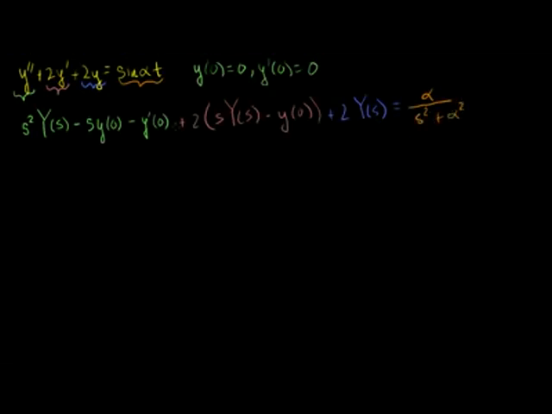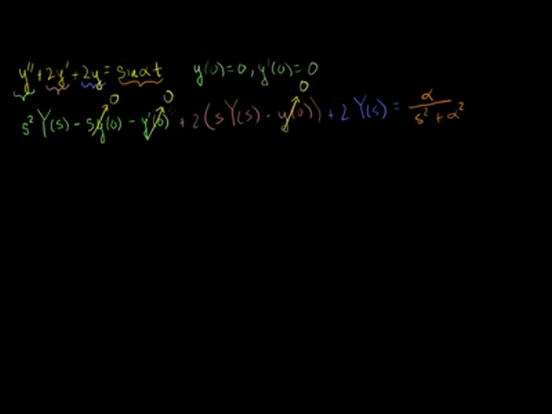Now the next thing we want to do is separate out the Laplace transform of y terms, or the Y of s terms. Actually, even better, let's get rid of these initial conditions. Y of 0 and y prime of 0 are 0, so this term is 0, that term is 0, and that term is 0.